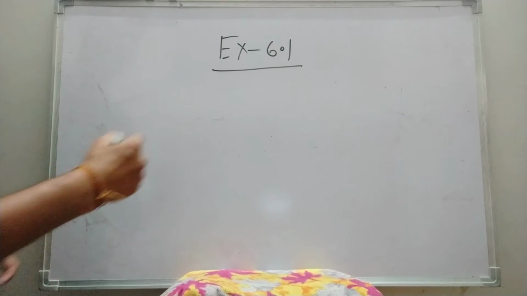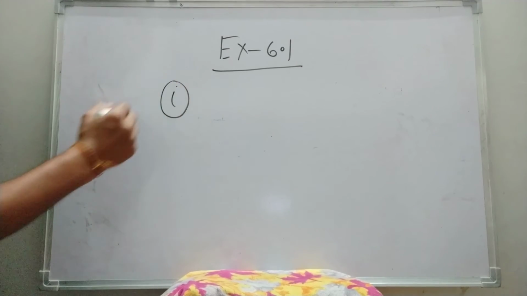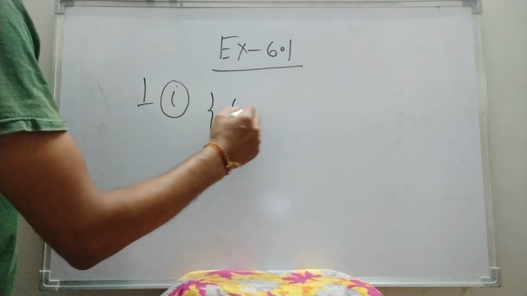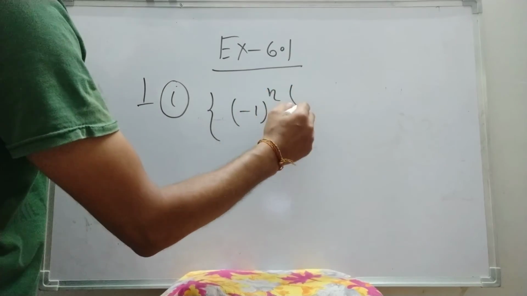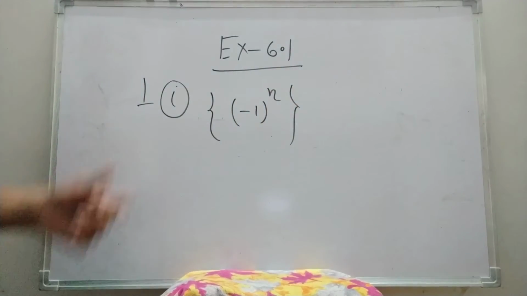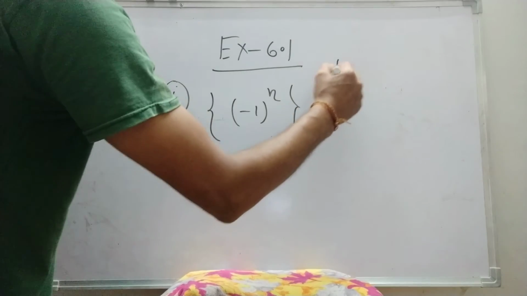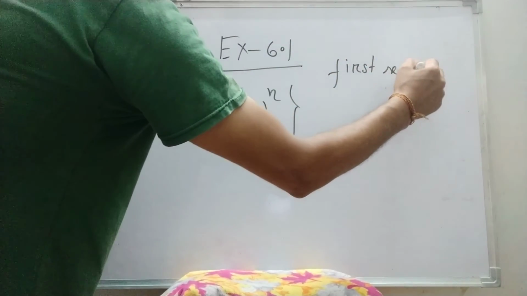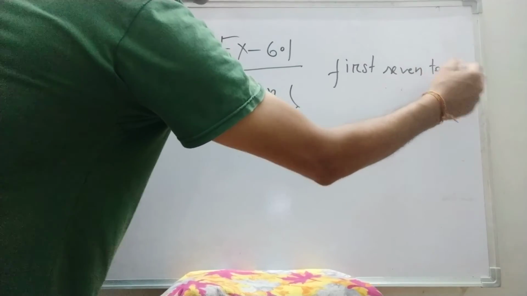The first sequence is given. Here students, try to understand, the sequence is in the generalized form -1 to the power n. Here we need to find the first 7 terms of the sequence.